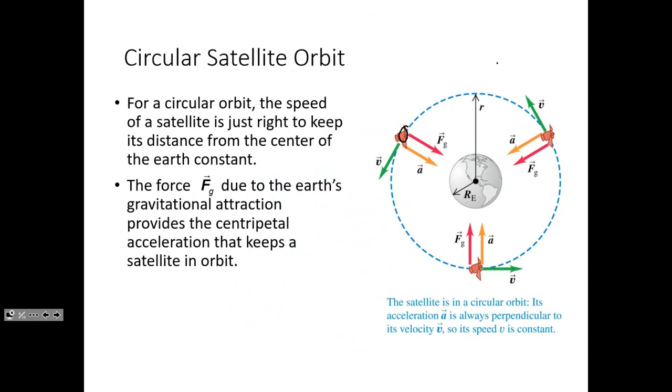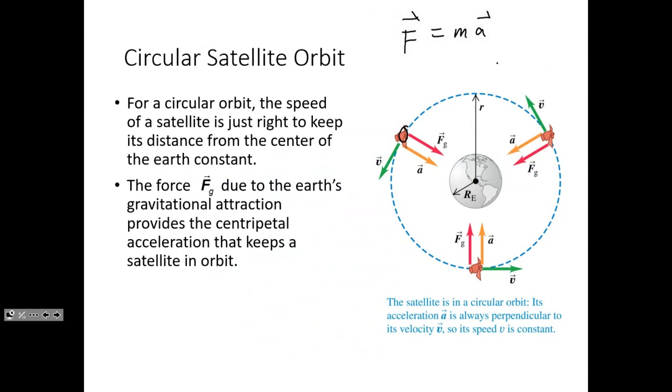We can approximately think there is only one force acting on the satellite, which is the gravitational force from the Earth on the satellite pointing to the center of the Earth. Then we should have net force F equals ma, right? So the acceleration of this satellite has to be pointing to the center of Earth too.